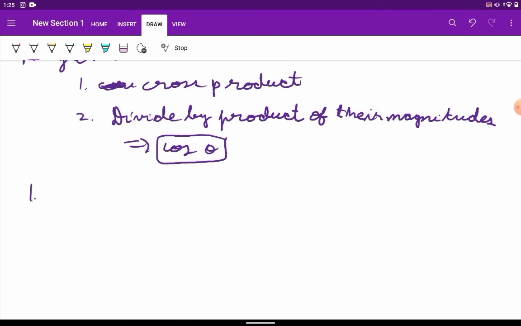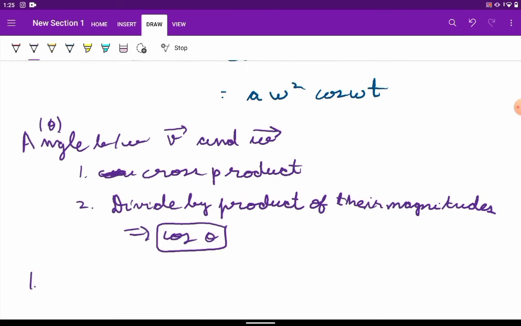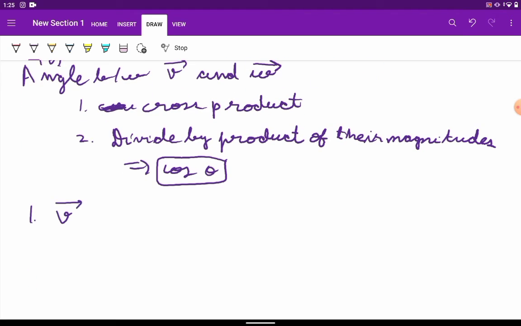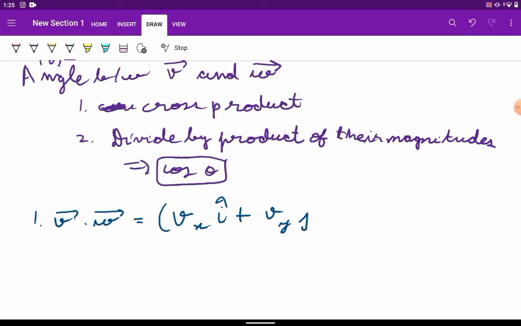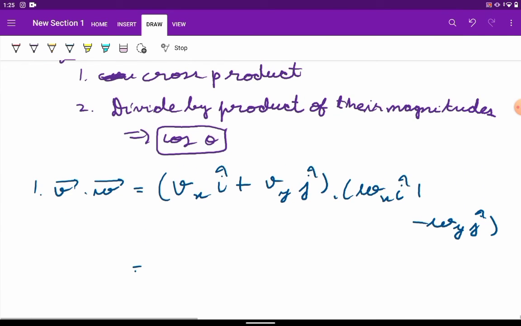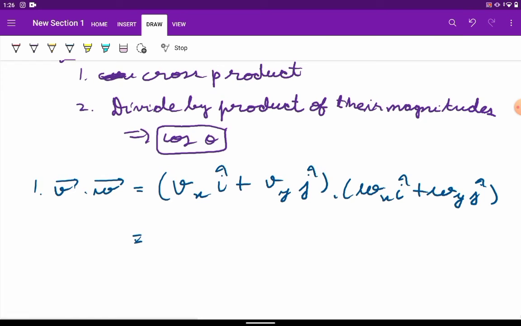First of all, we will find out the product between v and w, which is (vx i cap plus vy j cap) dot (wx i cap plus wy j cap). Now, as you know, the i cap components can be multiplied. It gives you vx wx plus vy wy.